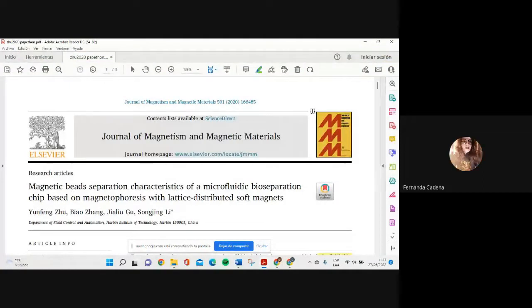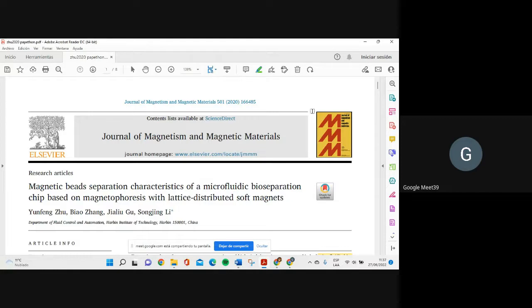Yes. Thank you. Well, I chose this paper because I was thinking about using magnetic beads in chips, and someone told me that there is a difficulty in making the magnetic force field to use it for bioseparation.